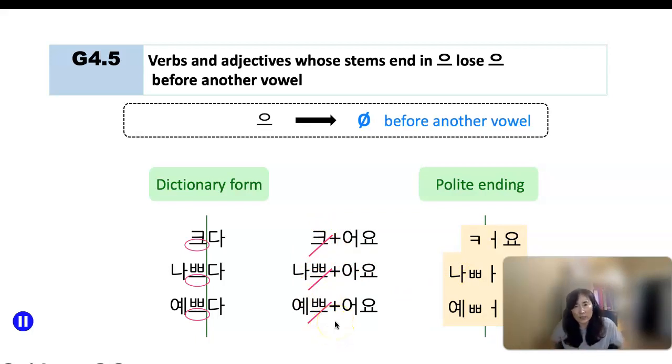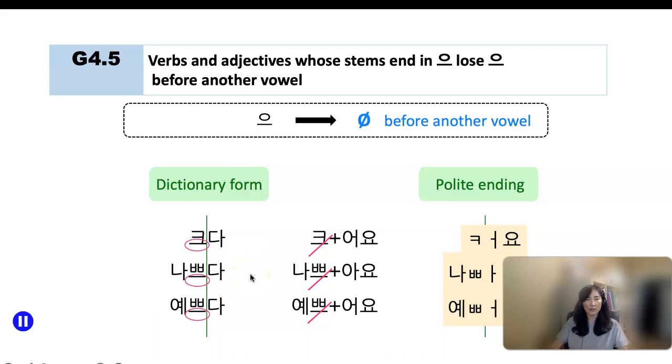You'll be introduced to irregular verbs in Korean 2. The remaining consonant is combined with either 어요 or 아요, depending on the preceding vowel. So 커요, 나빠요. Notice that the previous vowel is bright, so the second one is 나빠요. 예쁘다, like I said, is a dark vowel, so it's combined with 어요, 예뻐요. 예뻐요.